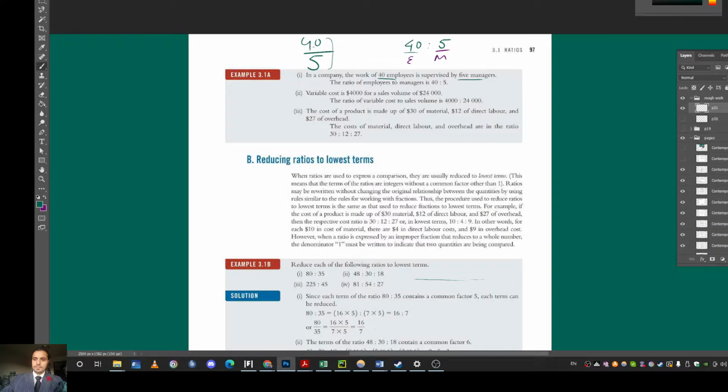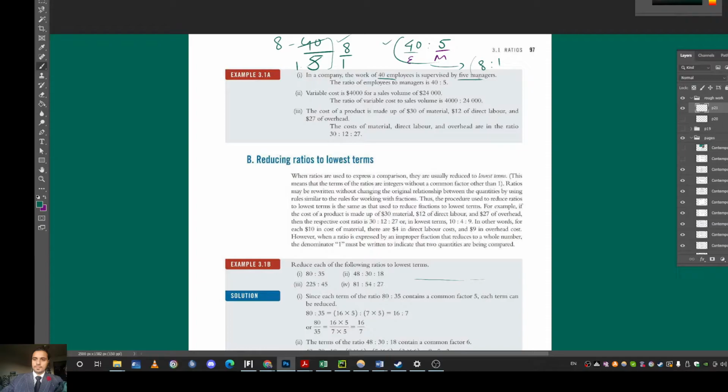And some of the rules that apply here also apply here. So for instance, we could simplify this. What you could notice is that both 40 and 5 are divisible by 5. So 5 goes into 40 eight times, and 5 goes into 5 one time. So you're left with a ratio of 8 over 1, or in this case, we can write it as 8 to 1.